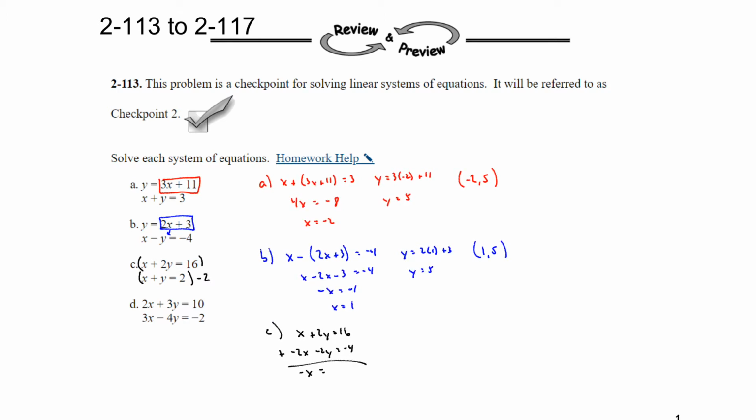So I get -x is equal to 12, divide by -1, and x is equal to -12, and then plug that back into one of the equations. I'll just go ahead and plug it in the top one. -12 plus 2y is equal to 16. Add 12 to the other side to get 28, divide by 2, and y is equal to 14. So x is -12 and y is 14.